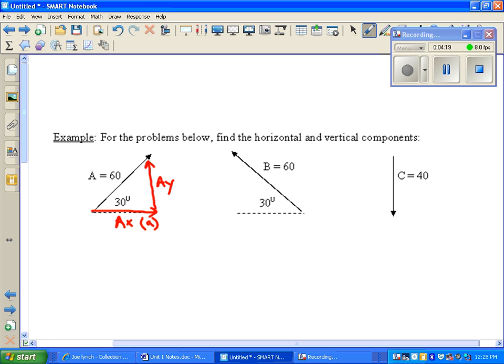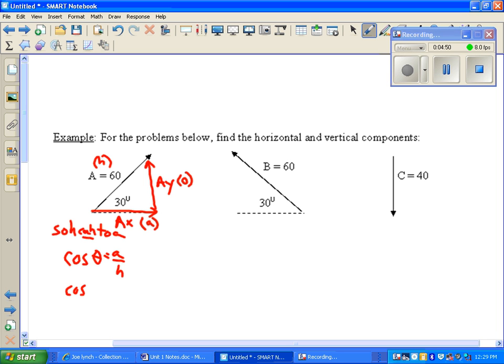This is my adjacent side. This is my opposite side. This is my hypotenuse. So when I'm trying to find AX, this will be the long way. I could say AX is adjacent. I know the hypotenuse. So if I write out SOHCAHTOA, or whatever mnemonic you use to remember sine, cosine, and tangent, adjacent hypotenuse is cosine. So I could say cosine of the angle equals adjacent over hypotenuse.